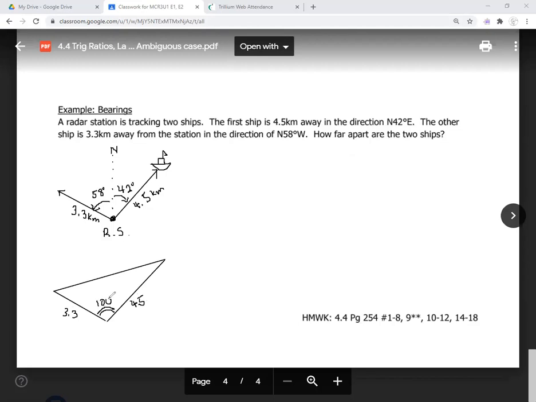It's 100 degrees. Do you see what I mean by the bearings? It's such a casual way of describing directions, but you have to understand it.